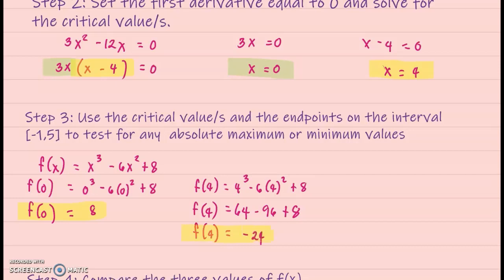Next, let's have our endpoints of the interval. So we have here negative 1. So f of negative 1 is equal to negative 1 cubed minus 6 times negative 1 squared plus 8.